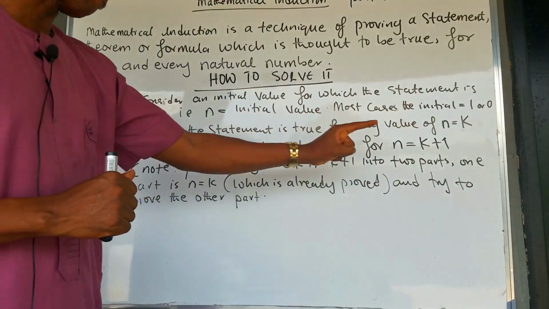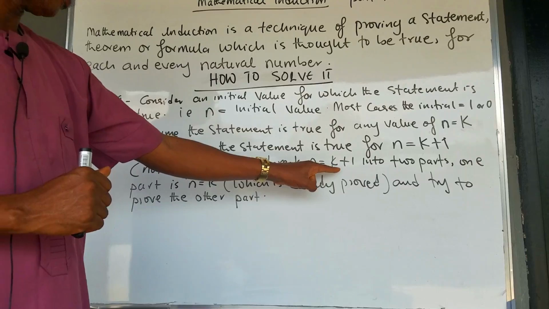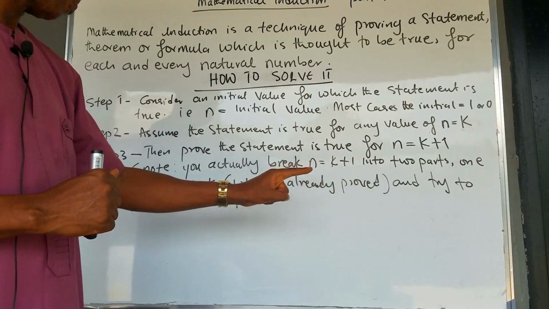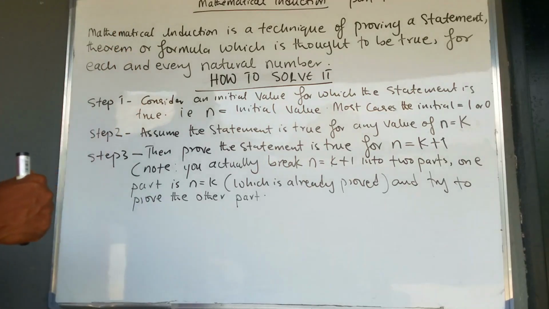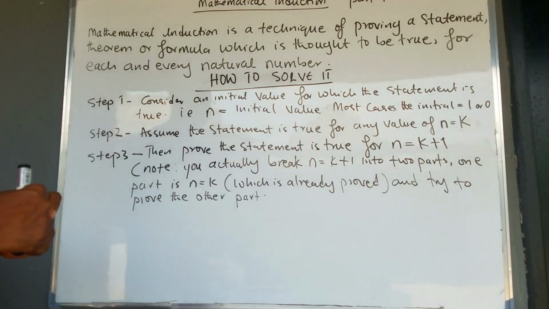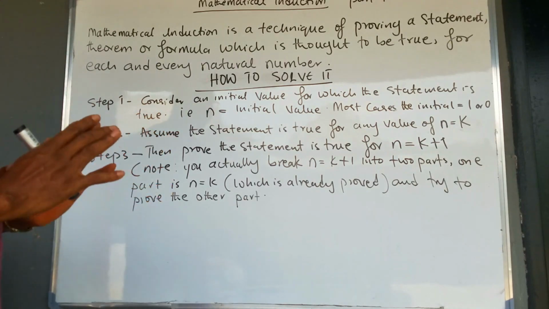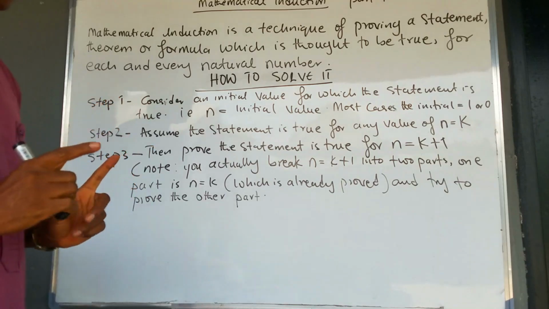When you get to k plus 1, at a point you will split it into 2 to bring out the first one, which is n equal to k, and then try to prove the other part. If they are the same, then it is true in all cases.